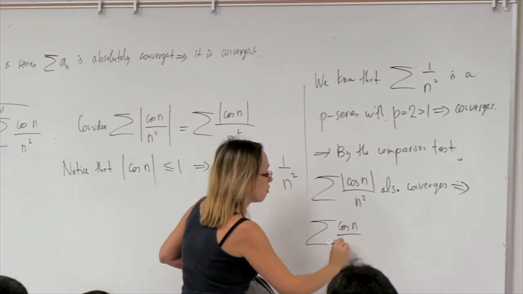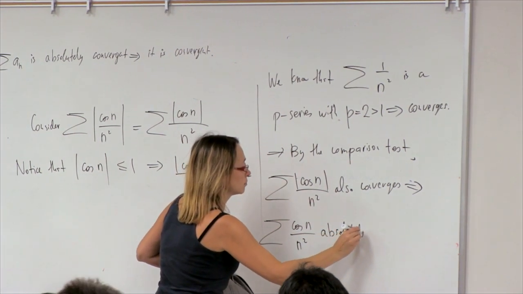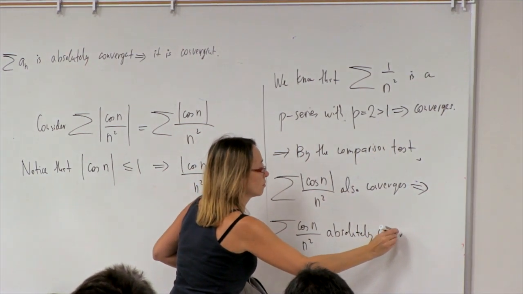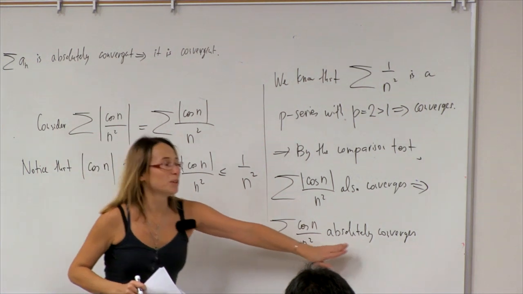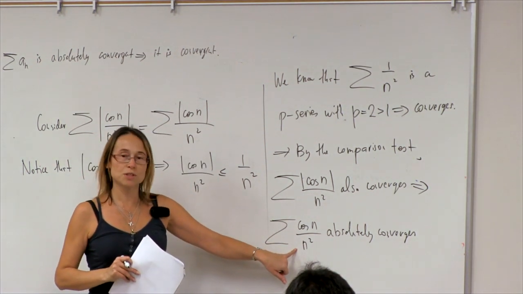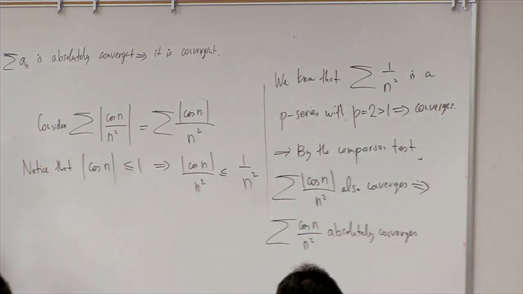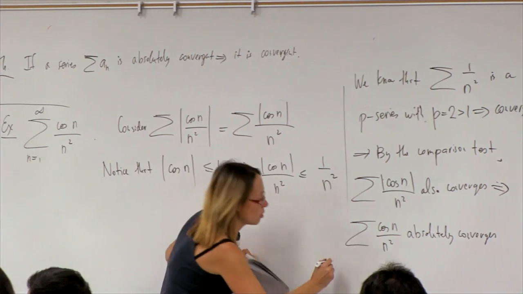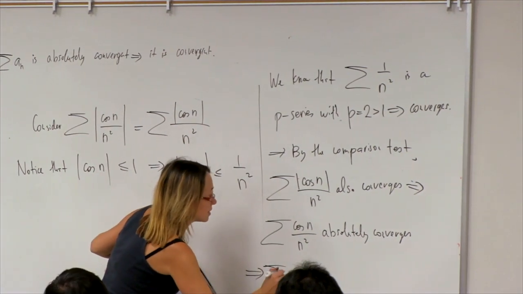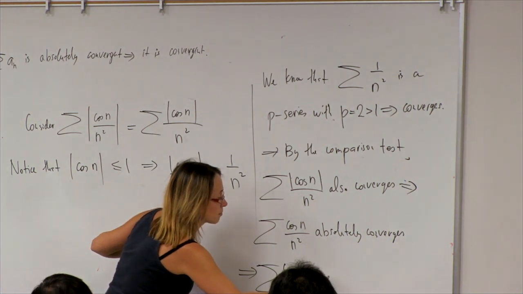Cos n over n squared absolutely converges. In other words, the absolute values of these terms converge, exactly like here. Now we apply the theorem. If a series absolutely converges, then it converges. So the conclusion here is that this series converges.